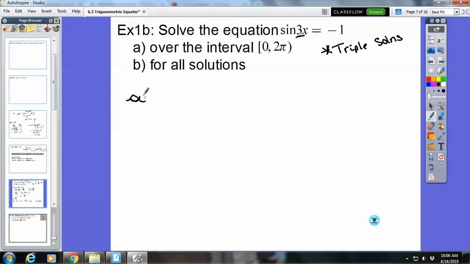So if I want to go solve this, our first step is always to get our trig function by itself. But if you look at this, it is. So now we just ask ourselves, we're in radians, when is sine equal to -1?